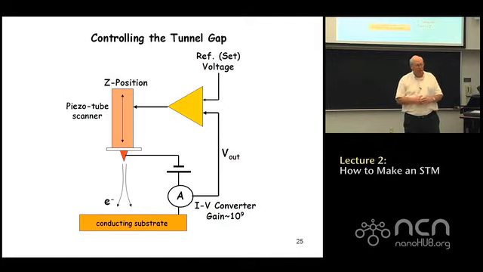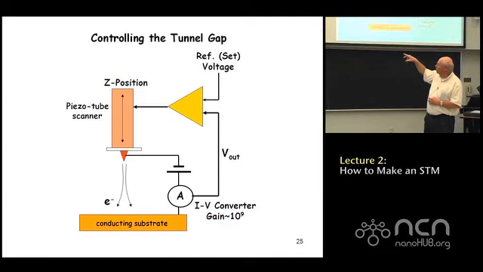You can then compare that 1 volt signal, the voltage out of the I to V converter, to a reference voltage that you set. What this feedback circuit does is adjust the position of the tip, say by a piezo tube scanner, in such a way as to maintain a tunnel current that matches the reference set voltage that you specify.